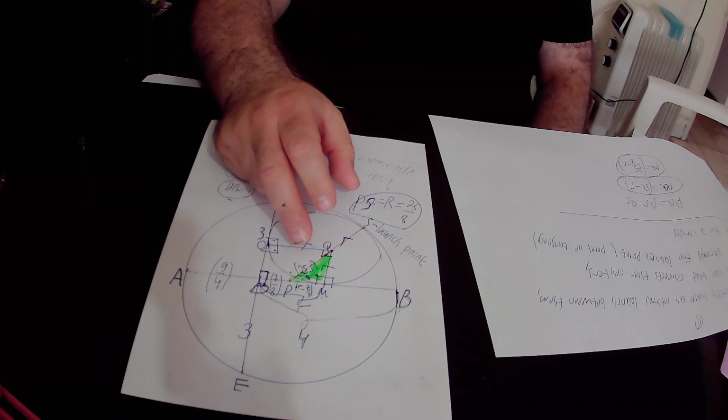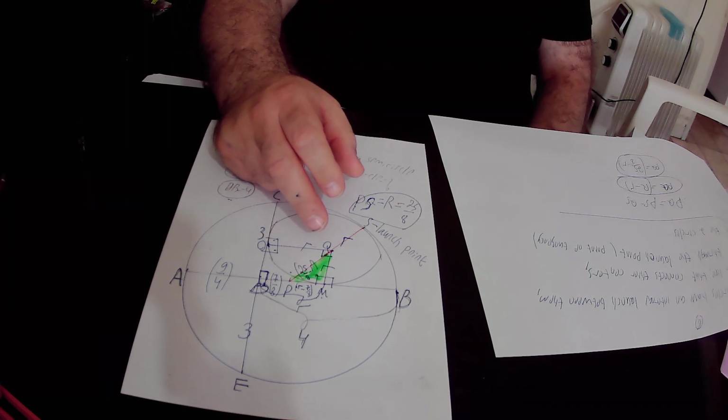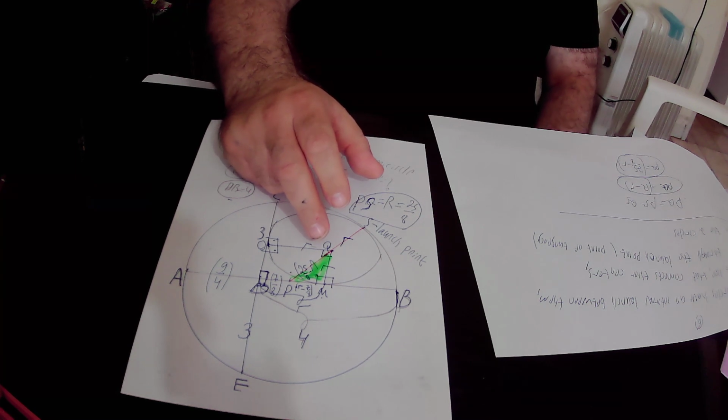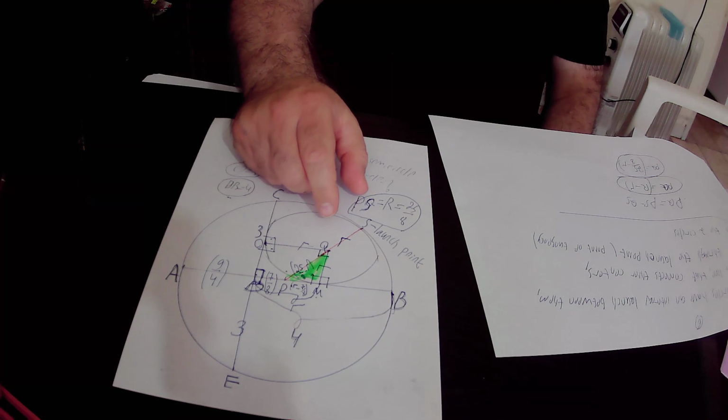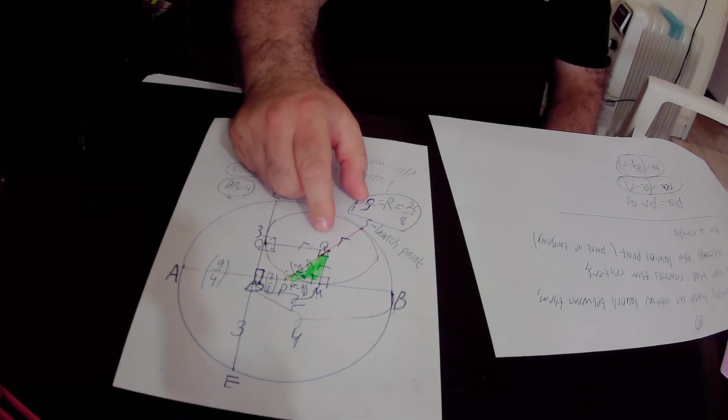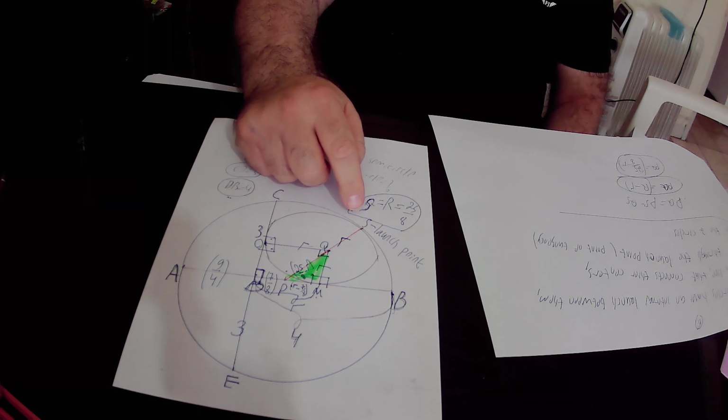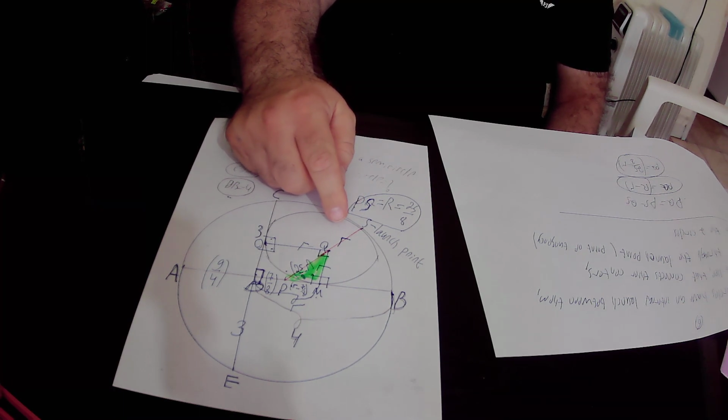So PS is the radius of the big circle, equal to 25 over 8 units. Okay, and what is the definition of QS? Q is the center of the small circle. S is a point on the small circle itself. This is exactly the definition of a radius. That is to say, QS is the radius of the small circle, equal to small r.